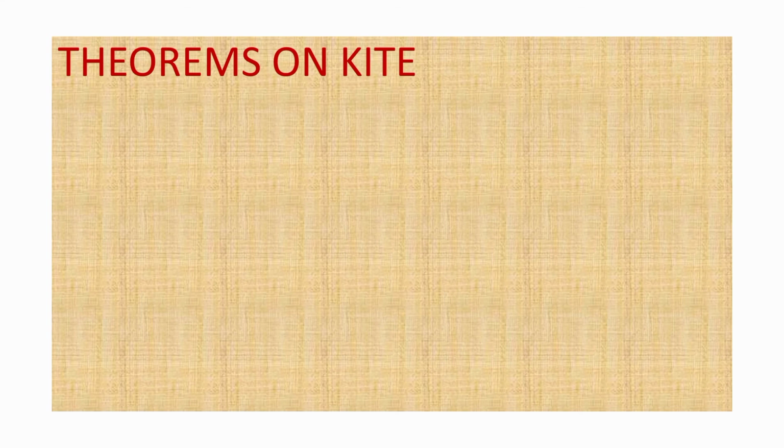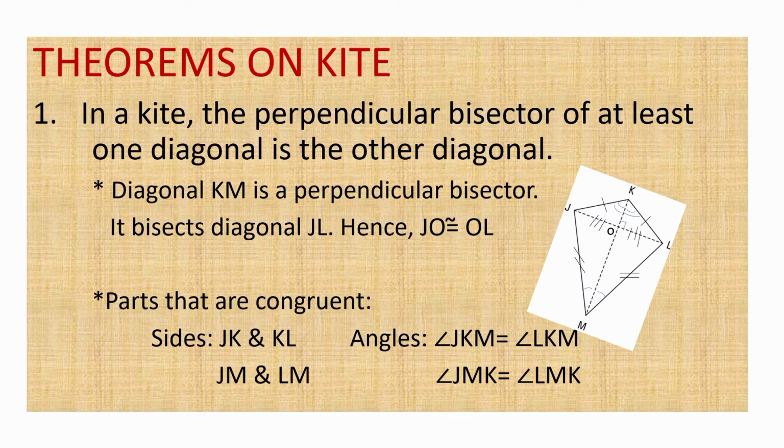Now, let us discuss the theorems on kite. Theorem number 1 on kite. In a kite, the perpendicular bisector of at least one diagonal is the other diagonal. So in the given kite JKLM, KM is considered as a perpendicular bisector.